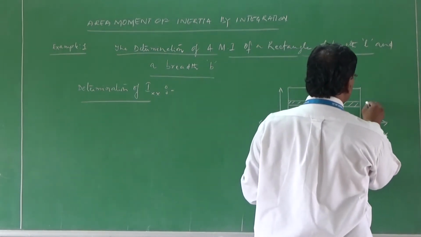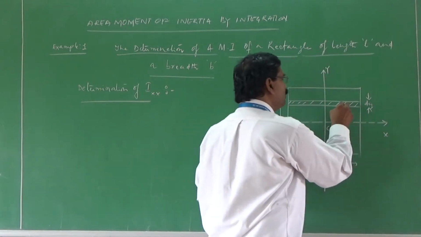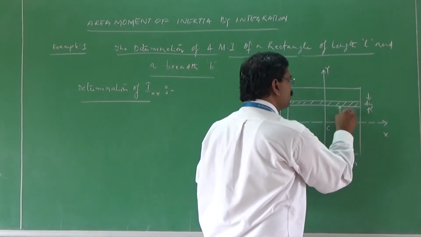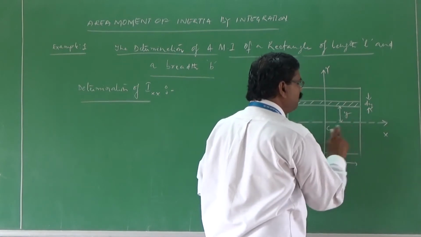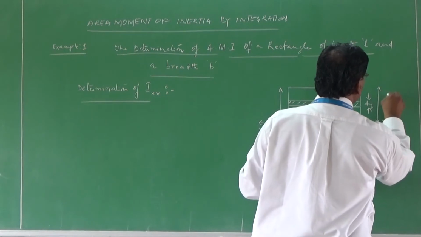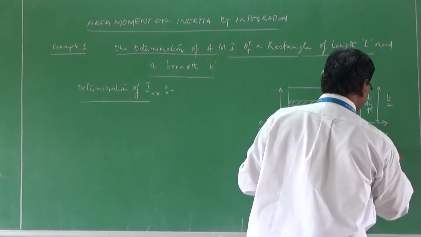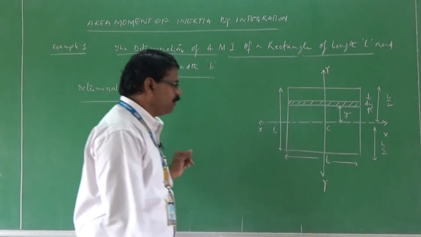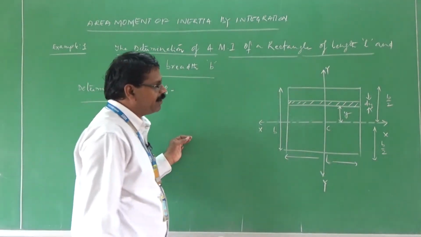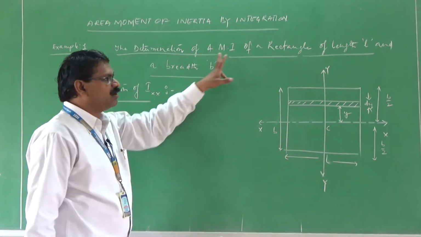This particular part is called dy, which is a small width of element at a distance y from the x axis, and from here to here is b/2, and from here to here is b/2. So this is the diagram. If you look at this diagram very carefully, you can get an idea of deriving the expression for area moment of inertia.